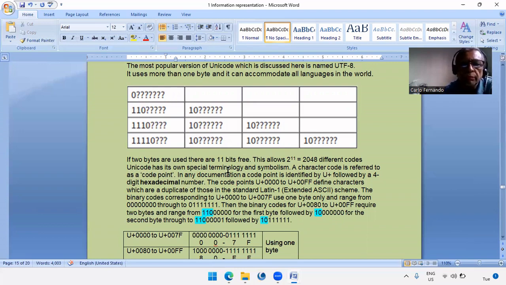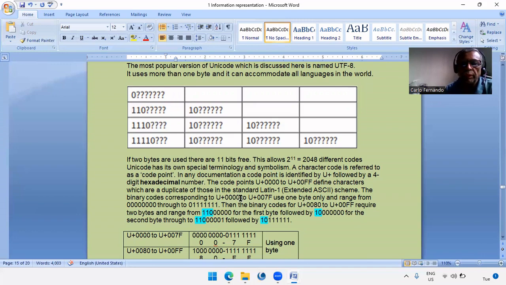Unicode has its own special terminology and symbolism. A character code is referred to as a code point. So they are given in code points. In any documentation, a code point is identified by U plus followed by a 4-digit hexadecimal number.